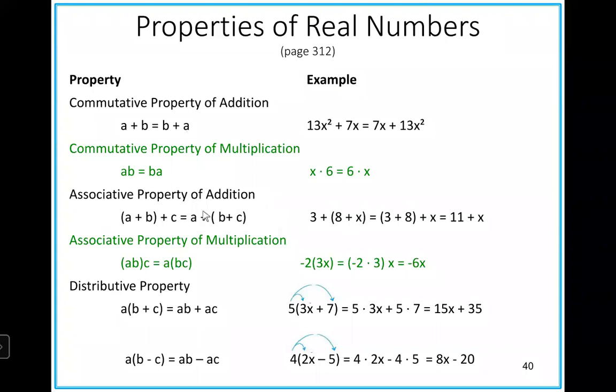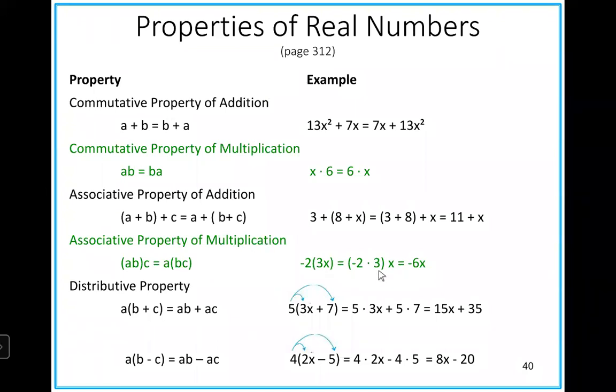So if you have 3 numbers to add, it doesn't matter which 2 you add first, the result will be the same. And we also use the same principle for multiplication. If you have 3 numbers to multiply, it doesn't matter which 2 you multiply first. Okay, so that's your associative. So one has to do with the order. The other one has to do with the grouping. Doesn't matter which group you do first.